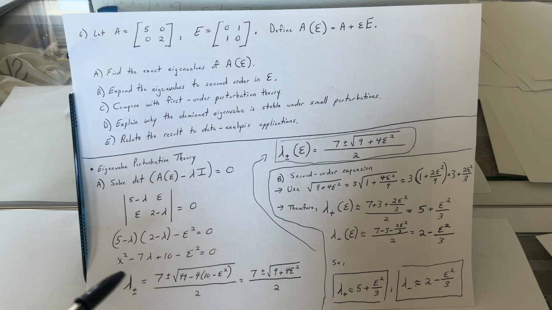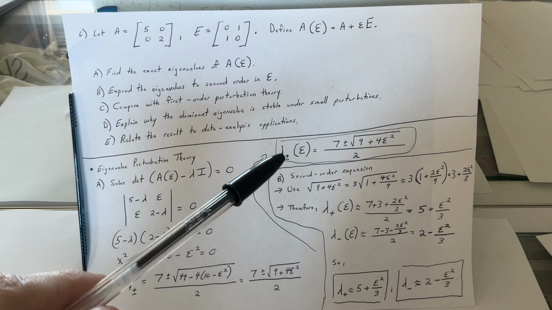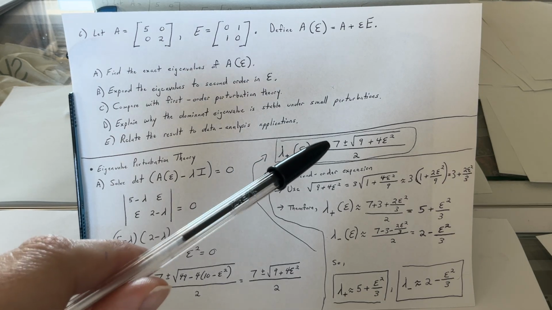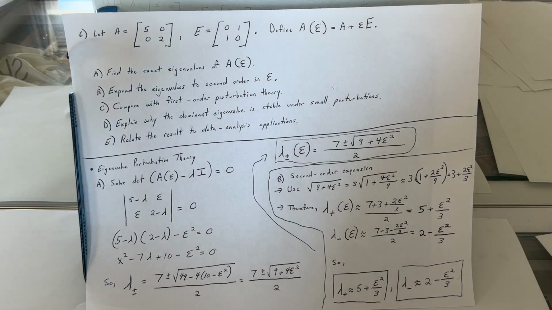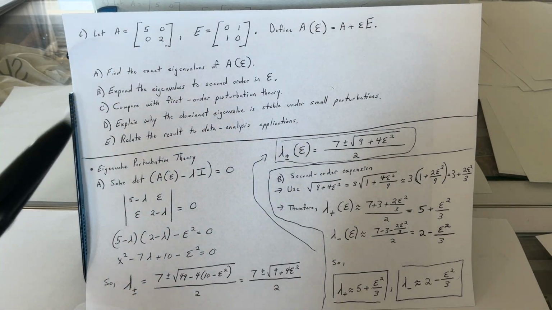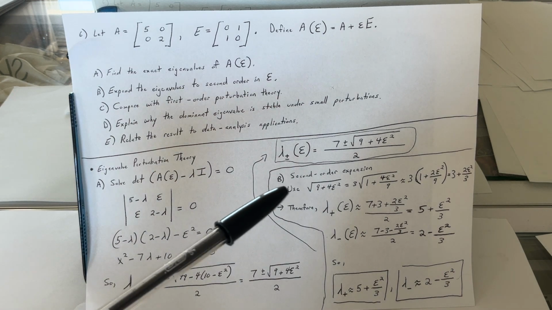And then performing the computation, lambda plus or minus comes out to 7 plus or minus the square root of 9 plus 4 epsilon squared, over 2. So lambda plus/minus of epsilon equals 7 plus or minus the square root of 9 plus 4 epsilon squared, divided by 2.